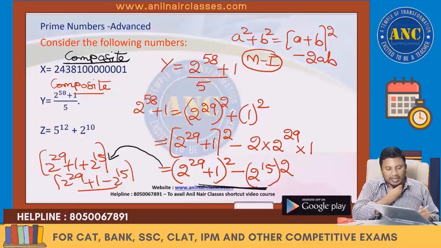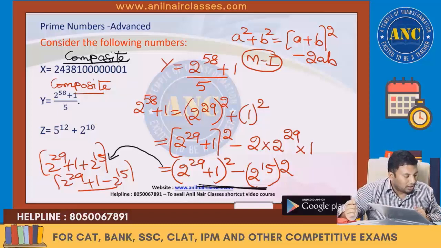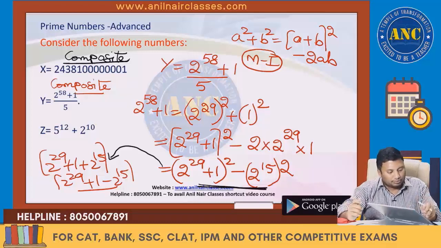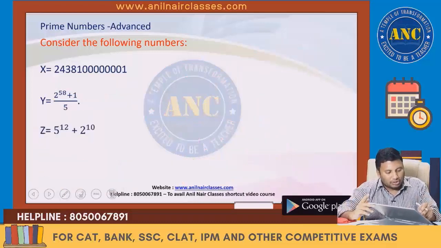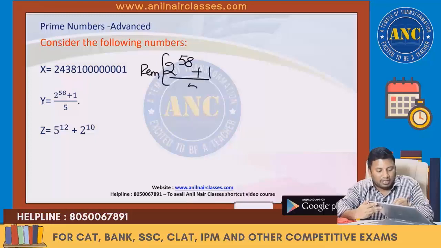I hope the idea is clear, method 1. Method 2: what you can do is take (2^58 + 1) divided by 5. First check whether it is divisible by 5.